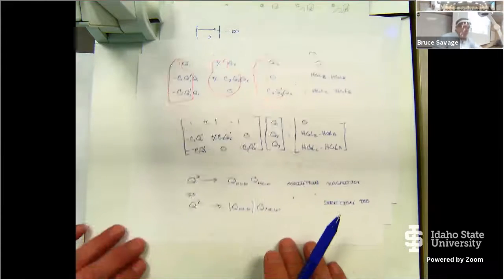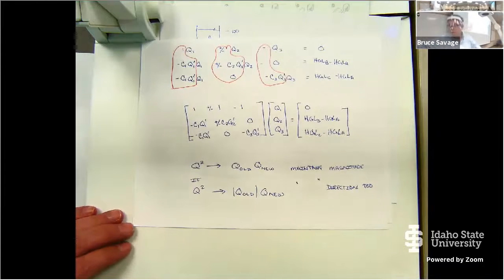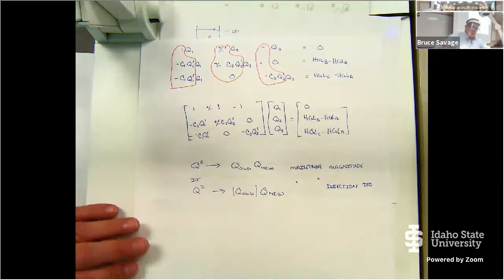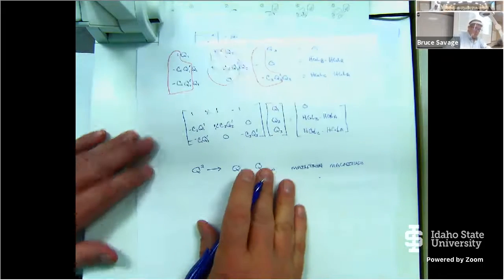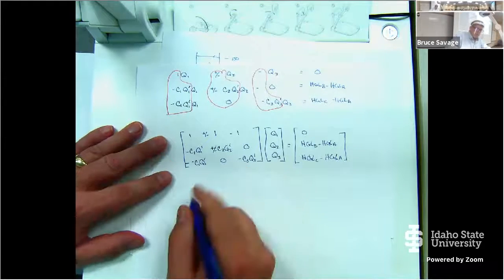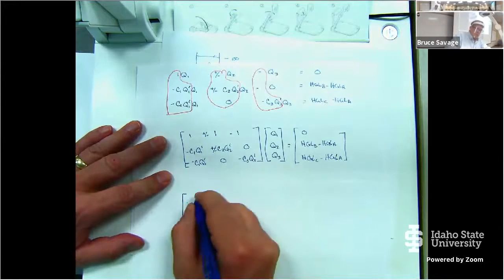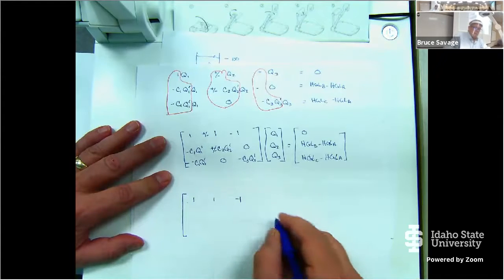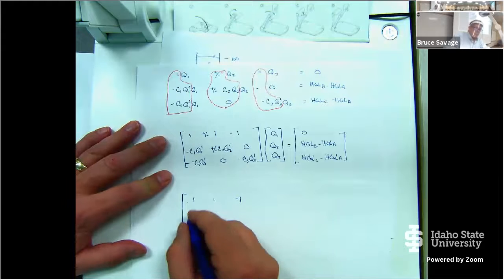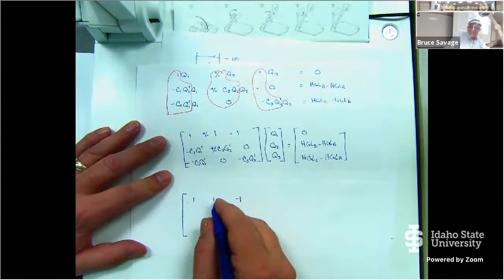So now I can rewrite my matrix. And my matrix is going to become 1, 1, negative 1. Because my linear system is going to work.